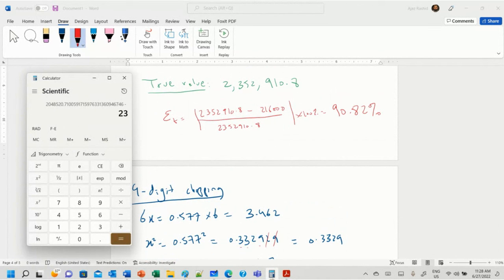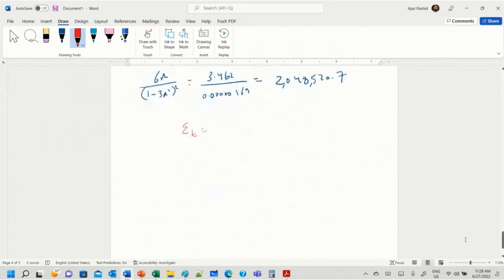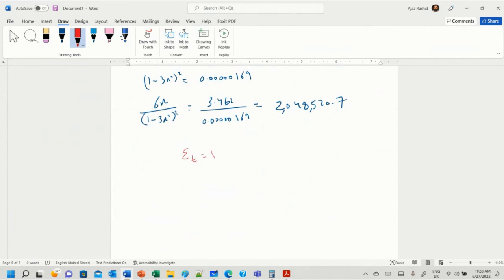Minus 2352910.8, divided by 2352910.8. So we get 12.9% error. Still, using 4-digit chopping, we get 12.9% error.